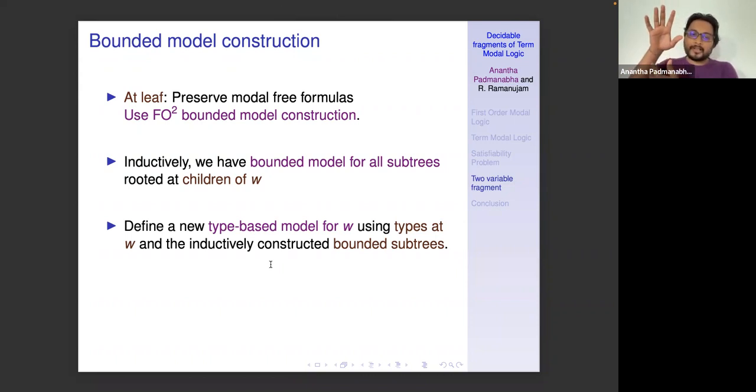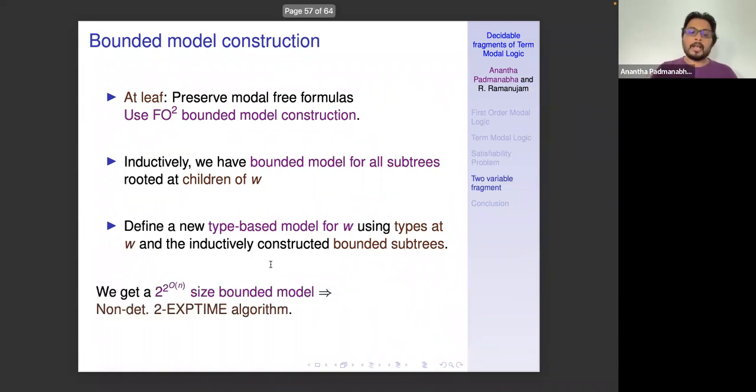And for all the successors, you do something so that you get a bounded model which you already have inductively, and you glue it in a particular way so that the monotonicity is preserved and you have a well-defined model, and thus you get a bounded model property, right? So you define a bounded model based on TML types and get this. And what you can show is that this bounded model that you get is double exponential in the size of the given formula. And therefore, this already gives a non-deterministic 2EXP time algorithm, right? So the algorithm can guess the model and verify that it's true.